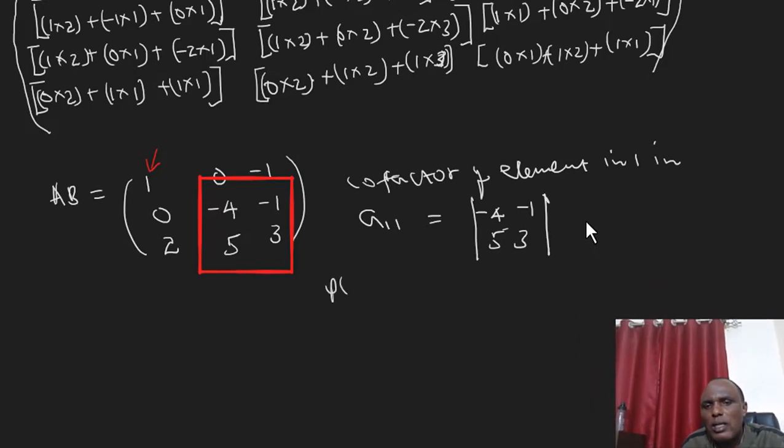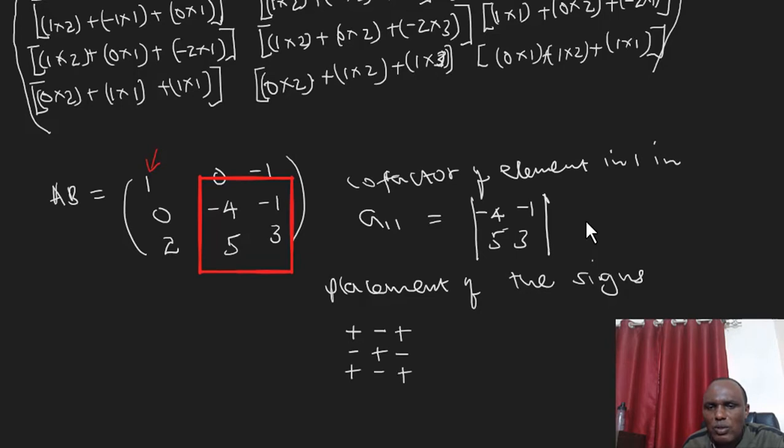Now let us look at the placement of the signs. This is how you place the signs so that you can get cofactors after getting the determinant. We start with the positive in the first row, then negative, positive, negative, positive, negative, positive, negative, positive.